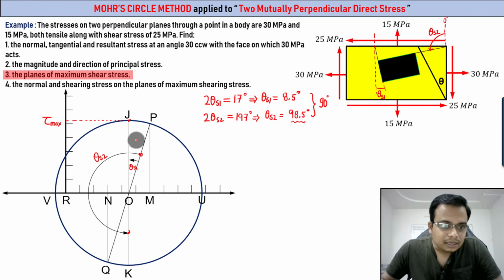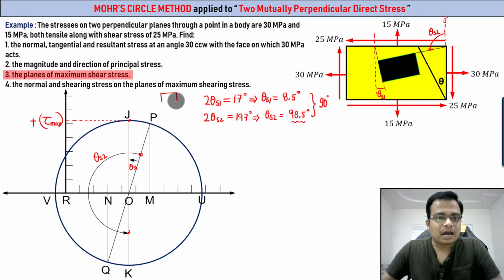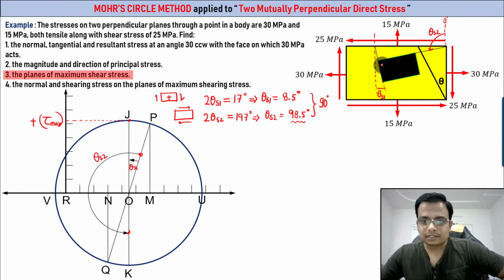Now let's try to see where theta S2 is acting and where theta S1 is acting. Theta S1 is this OJ. For OJ we have this positive value of tau. With a positive value of tau, you are going to have a clockwise shear, like this, or you can say this way also. This is also clockwise. So which plane are we talking about? Theta S1. It is this plane. So it's going to be something like this, in this direction and in this direction.